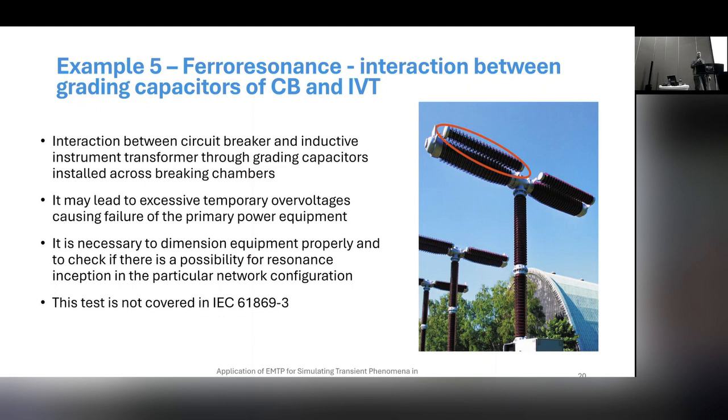And this TRV distribution across the chambers can be nonlinear. And one solution is to put grading capacitors here. But if we put grading capacitors and we disconnect, for example, an inductive voltage transformer from the grid, then there is, in some cases, danger of ferroresonance.